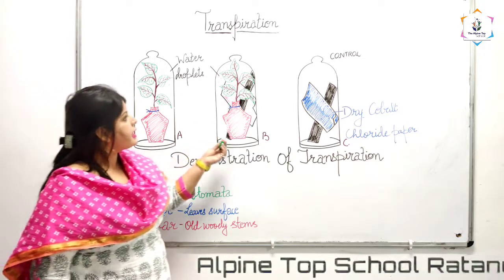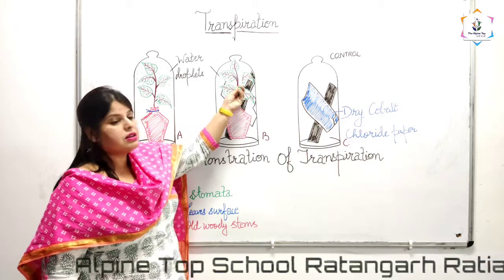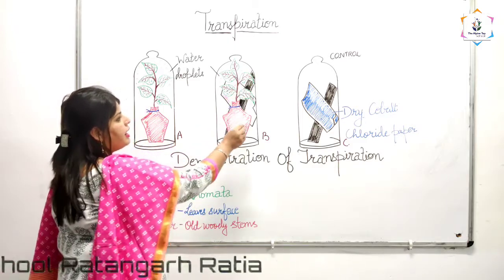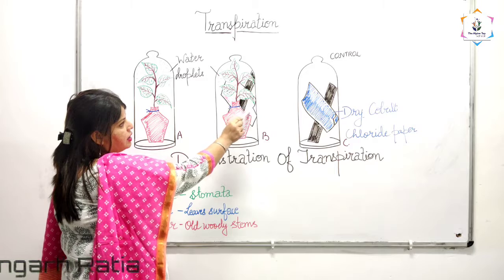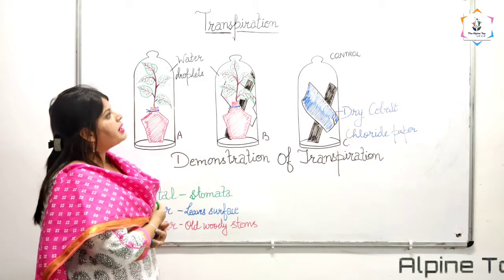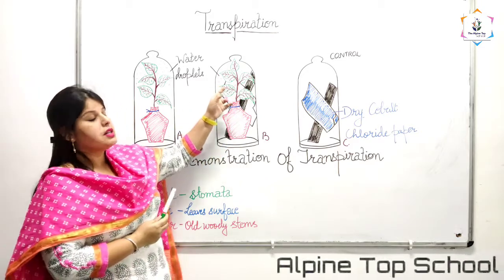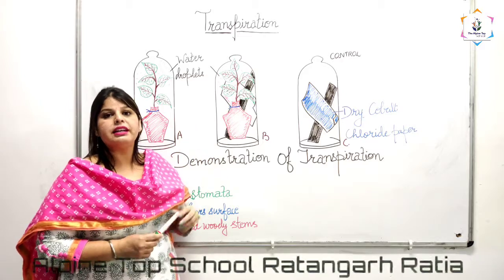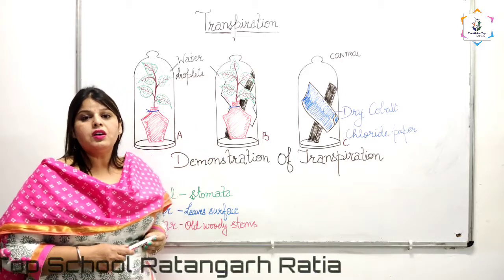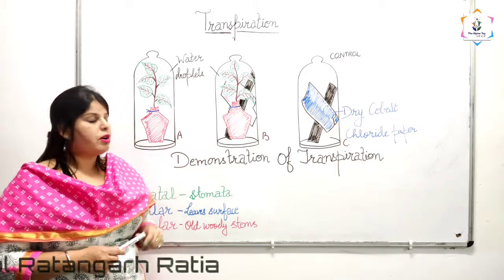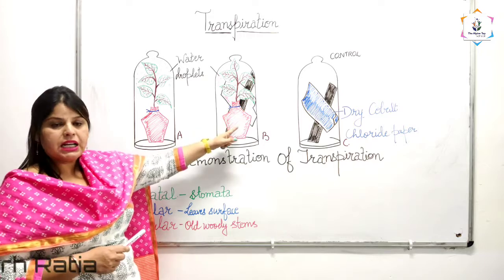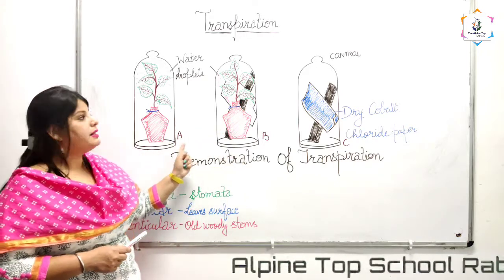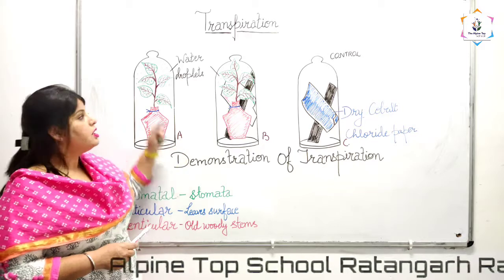In the second one, water vapors are also there, but along with that we have attached cobalt chloride paper, and on coming in contact with the water vapors, it will turn pink. As I have told you, it is a litmus paper, an indicator for moisture and small water droplets, so it will turn pink.